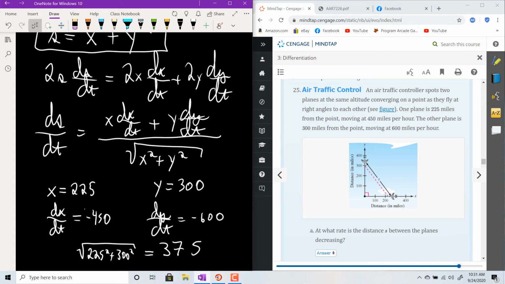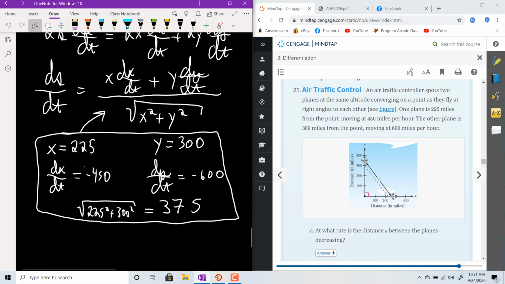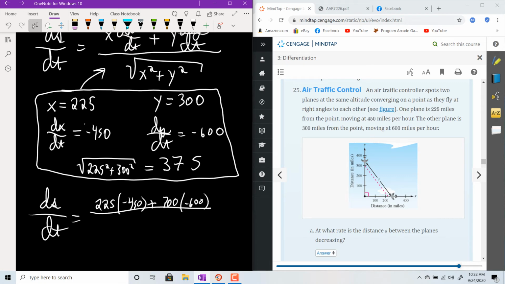And you just plug all of this information into this formula here, and that'll give you the rate of change of the distance between the planes. Okay, so if you do that, you're going to end up with a whole bunch of numbers. 225 times negative 450 plus 300 times negative 600 divided by 375, and then ultimately will equal negative 750 miles per hour. So very, very quick.